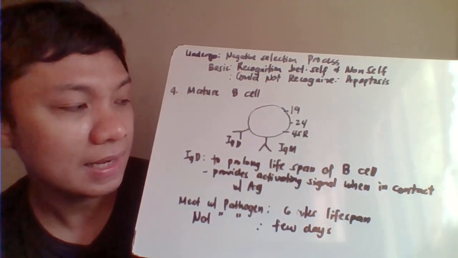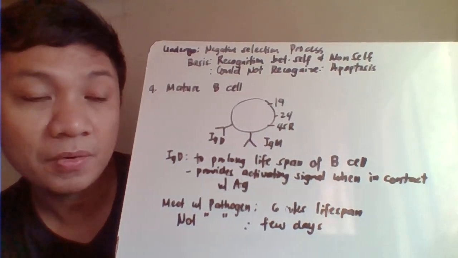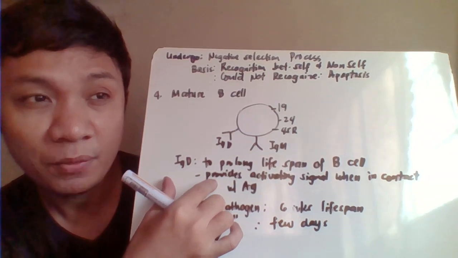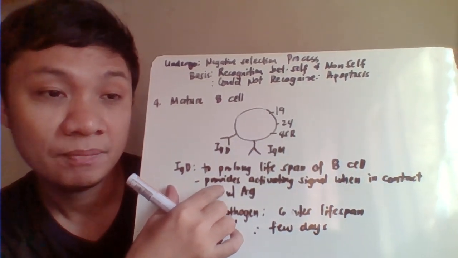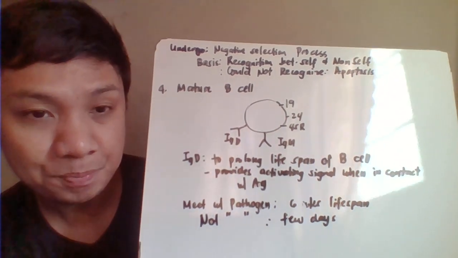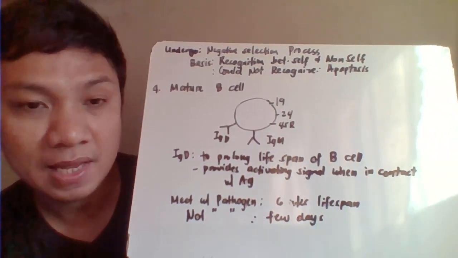Okay, para saan ang IgD, an antibody here on the surface aside from your IgM? So the IgD here helps primarily with the interaction with your antigen. In the presence of your IgD, it will try to prolong here the lifespan of our B cell.